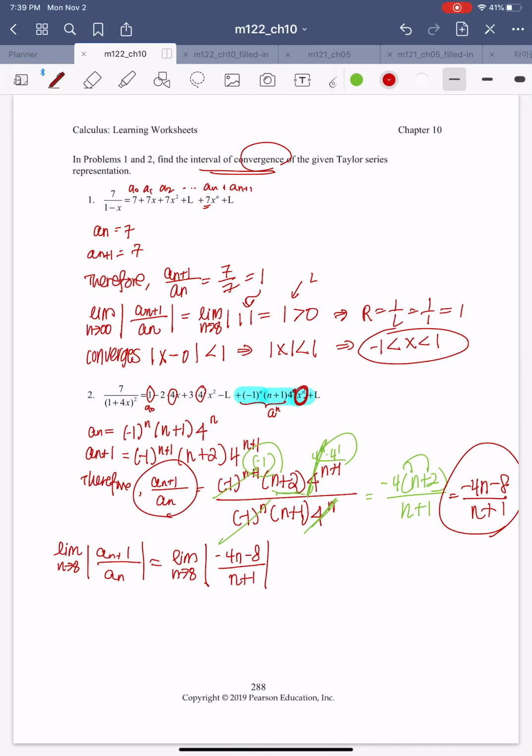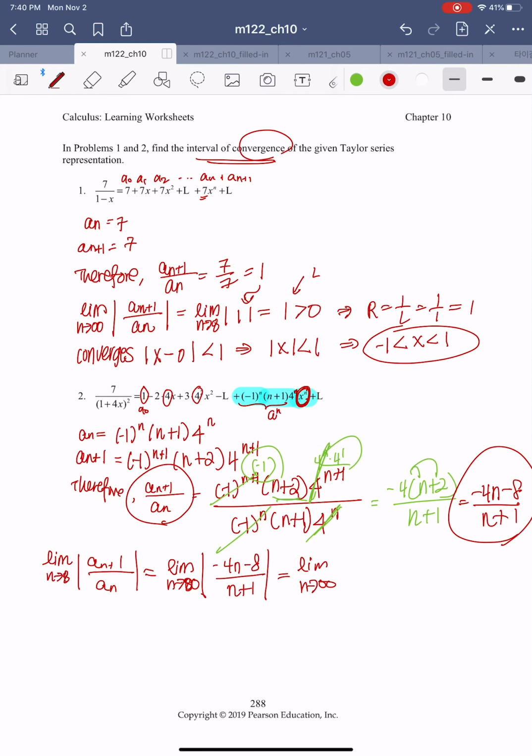One of the rules that we learned in chapter 2 in Math 121, the limit chapter, is that you can divide by the highest power, which is n. So if I do that, we get the limit as n goes to infinity.